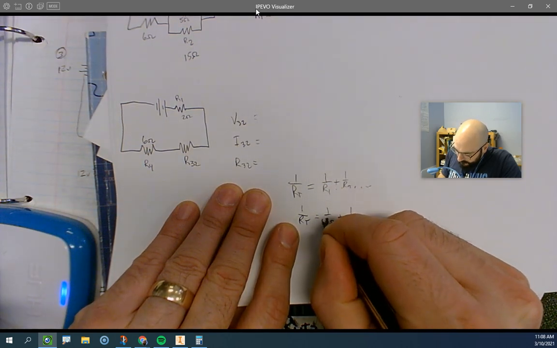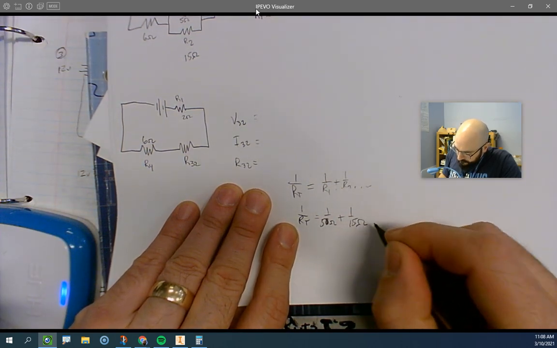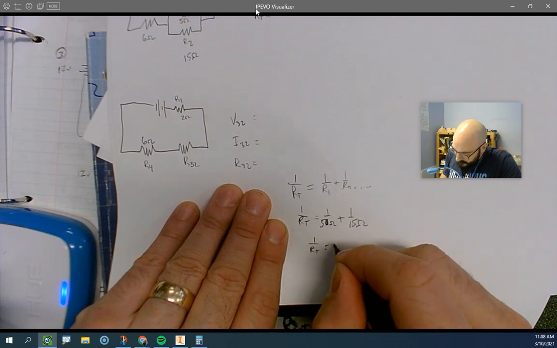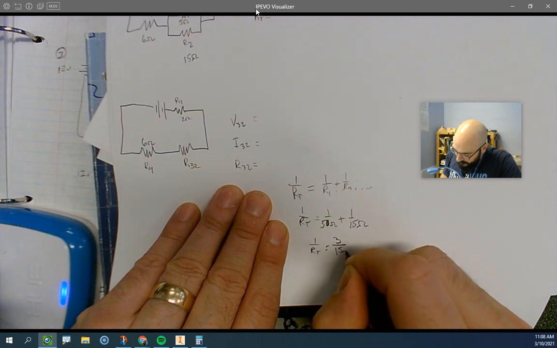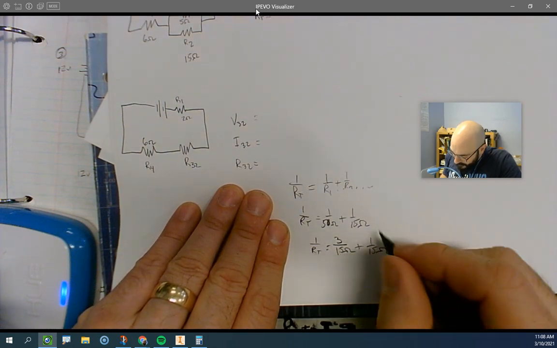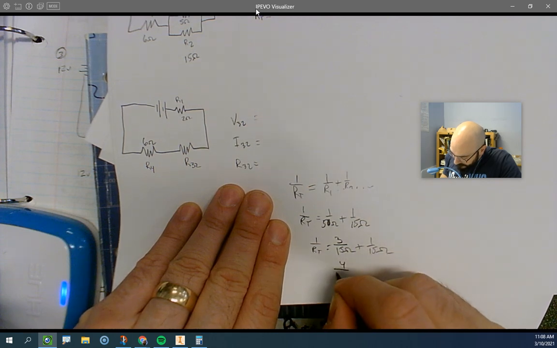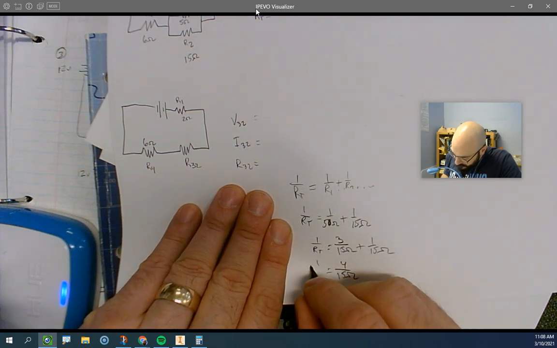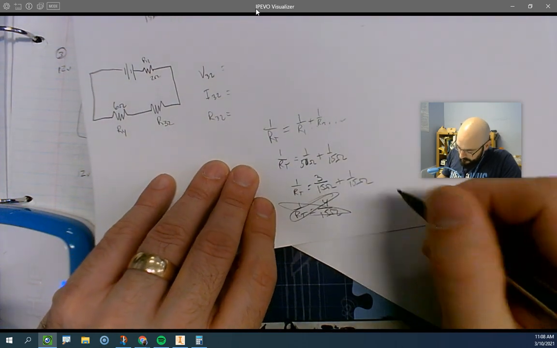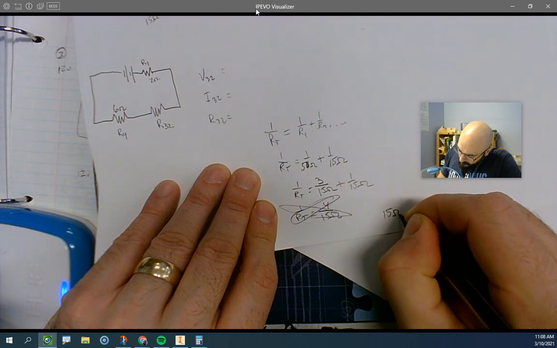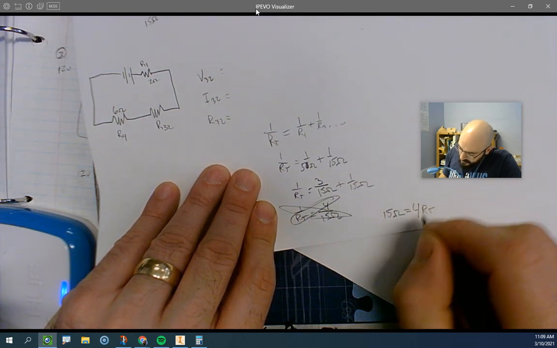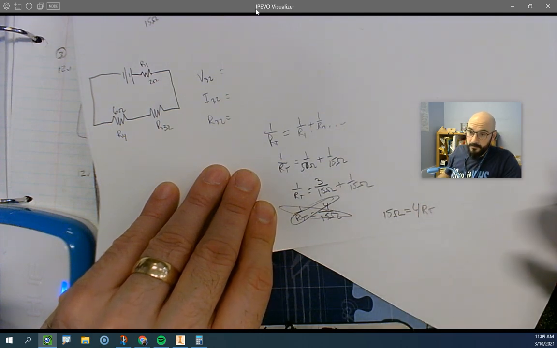So 1 over RT equals 3 over 15 ohms plus 1 over 15 ohms. That becomes 4 over 15 ohms equals 1 over RT. Cross multiply. It's like 6th grade math. 15 ohms equals 4 RT. We divide it through and we'll get 3 3/4.